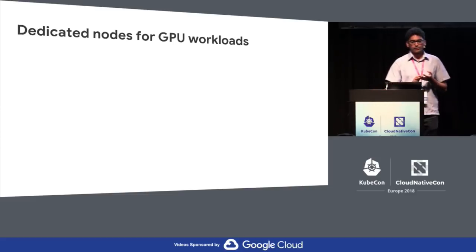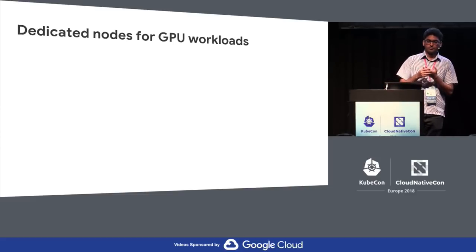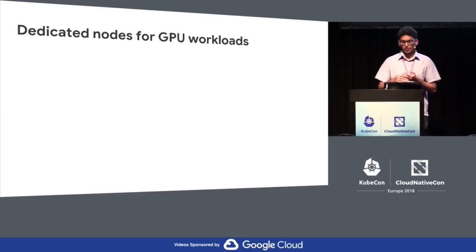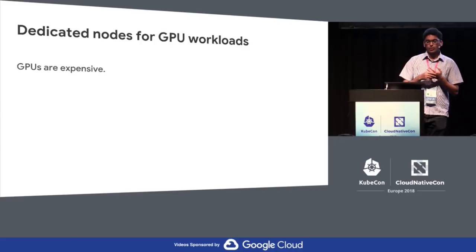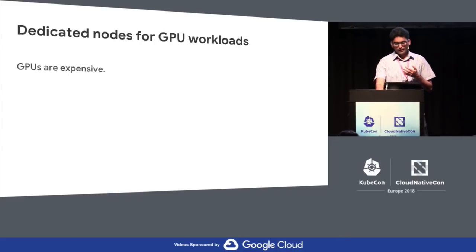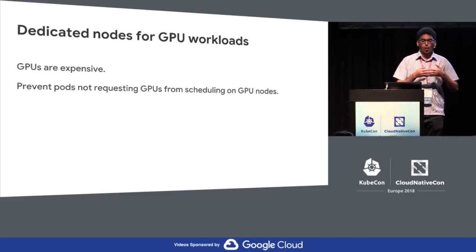This is one other very interesting thing which a lot of you should do if you are not doing it already, is that you want to, because GPUs are expensive, create dedicated nodes for GPU workloads. And why do you want to do this, right? So you want to prevent pods that are not requesting GPUs from getting scheduled on nodes which have GPUs.